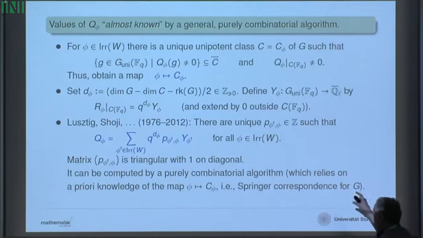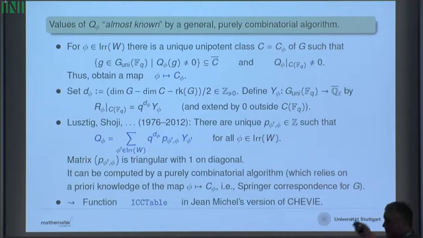Yeah? Here I defined this map by this property, but actually this map is known in advance. For the experts, this is just the Springer correspondence, which had been determined independently of the theory of Green functions. And this is implemented, for example, in Jean-Michel's 64-bit version, already in the old version, and it's just a function ICC table.